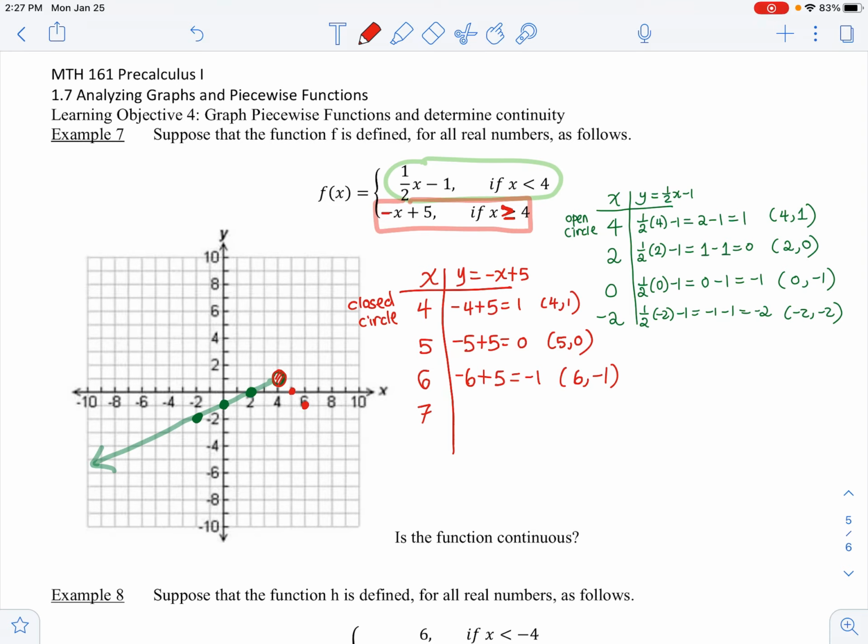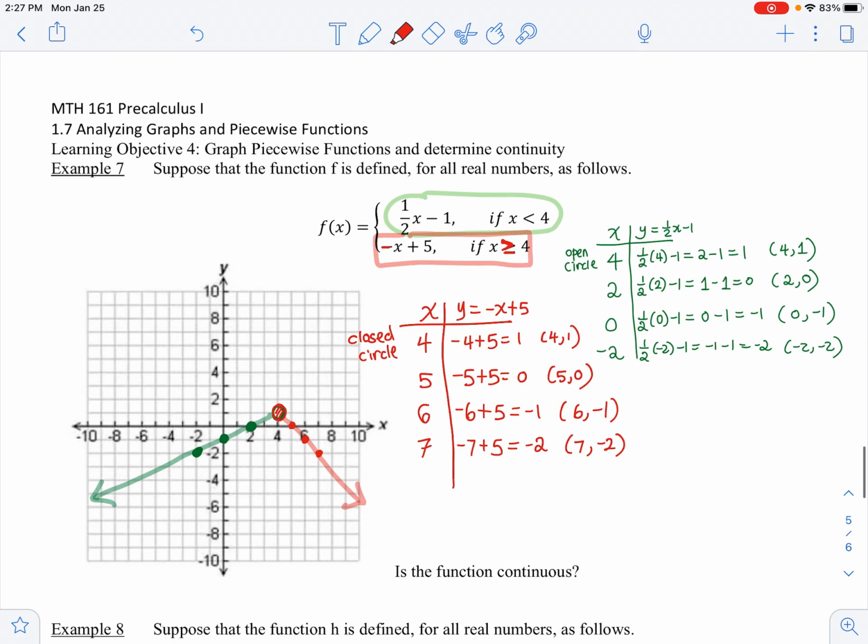But I can find it. Negative 7 plus 5 is negative 2, which means I will plot a point at 7, negative 2. 7 to the right, down 2. And if I connect these dots, this is going to be going down to the right. And we did graph our first piecewise function.